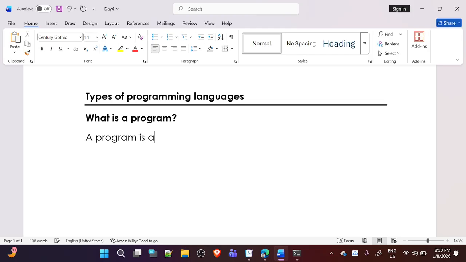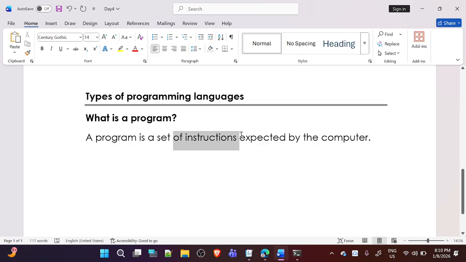A program is a set of instructions executed by the computer. Is that correct or not? A set of instructions. A program is a set of instructions, and these instructions can be written in high level language, which is executed by the computer.